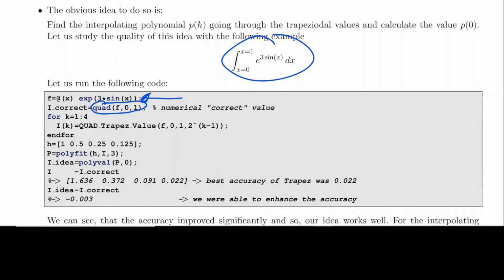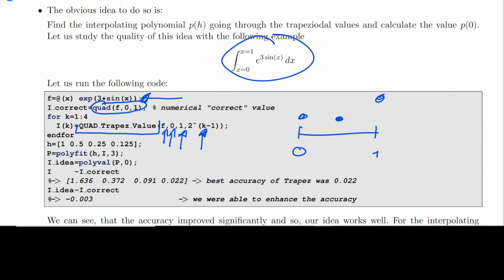Then we apply the trapezoidal rule for our f function. We integrate each time on the interval 0, 1, but we split the interval: for k is 1, we split into only one interval, so we integrate from 0 to 1 and only evaluate at these 2 points. If k is 2, then we evaluate at the midpoint also.